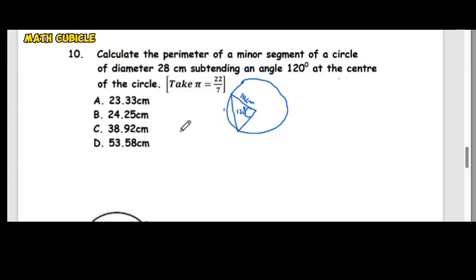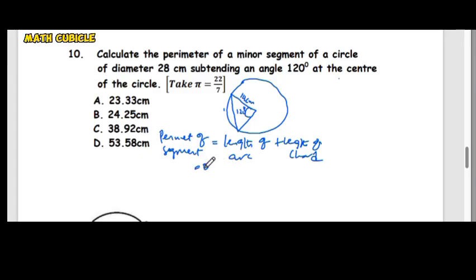So perimeter of a minor segment is equal to length of arc plus length of chord. Length of arc is given by theta over 360 times 2 pi r, plus the length of chord is given by the formula 2r sine theta over 2. So our theta here is 120.